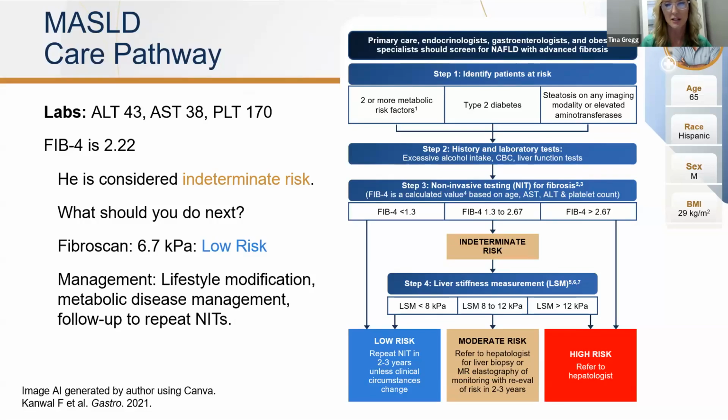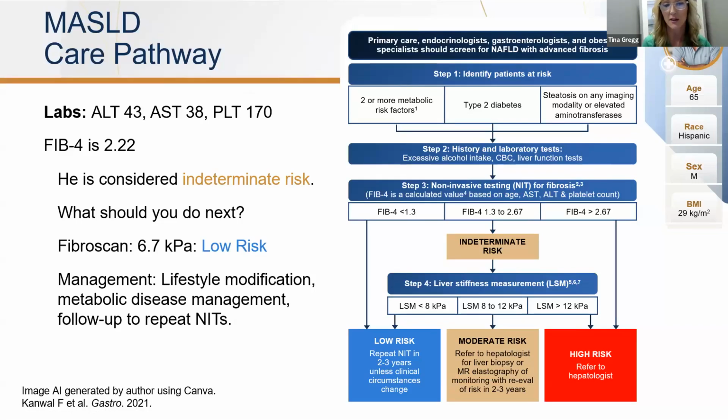We decide to use liver stiffness measurement, or FibroScan, and his FibroScan score, 6.7, puts him at low risk for advanced or concerning fibrosis. So with Mr. Albert, we can tell him to be well. We can ask him to follow a Mediterranean diet. We can ask him to control his other medical conditions, his metabolic diseases.